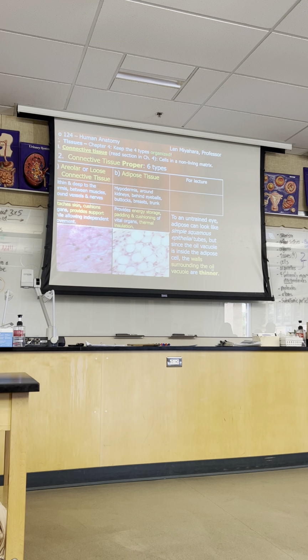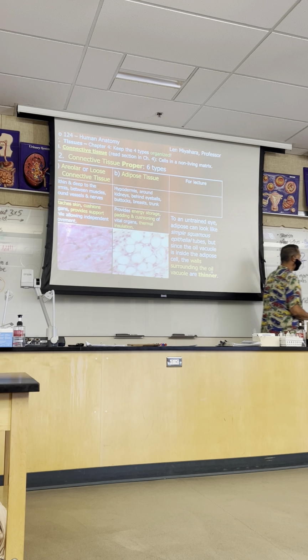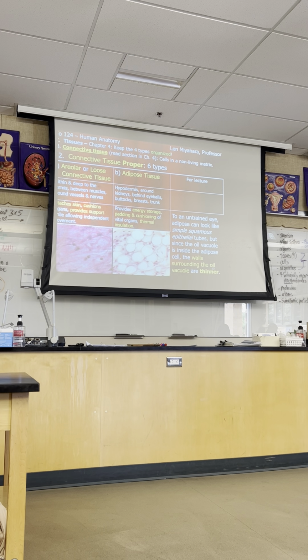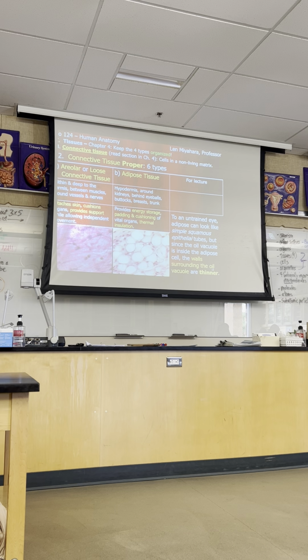And fat, or the oil, is not visible in microscope slides. They don't stain. So these are extremely thin walled bubbles. And the wall of the bubble looks as thick as those purple lines.